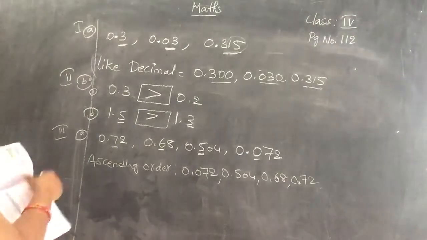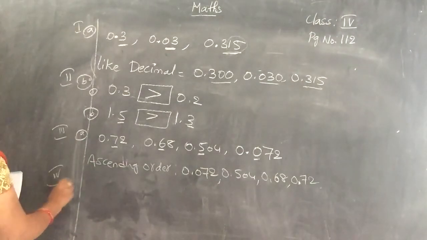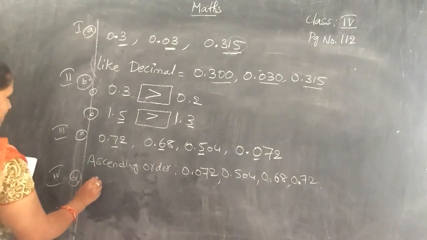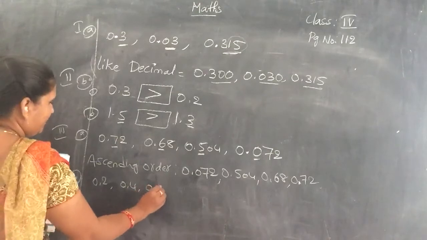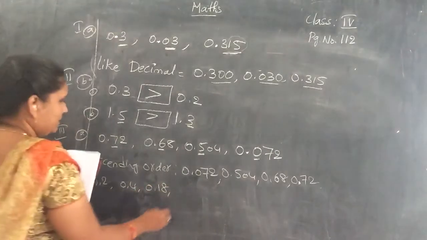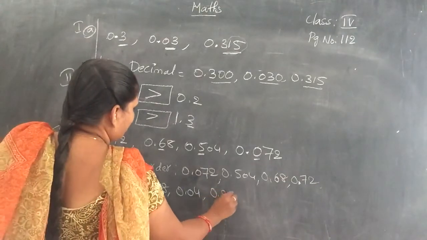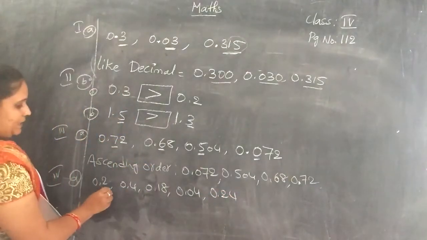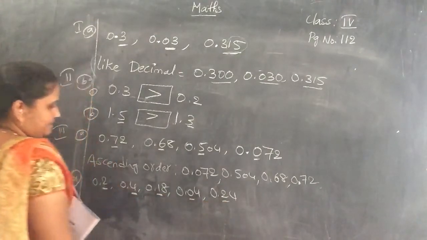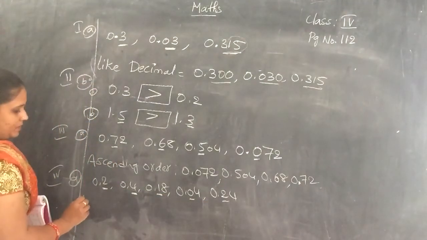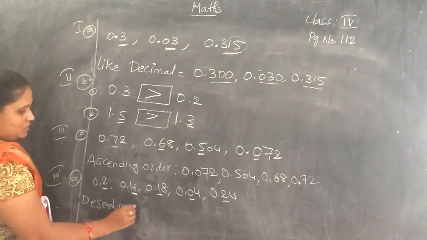Okay, next, last. Roman number 4. Write it in descending order. Same: 0.2, 0.4, 0.18, 0.04, 0.24. Compare all the decimal part numbers. Descending order means big number to small number.